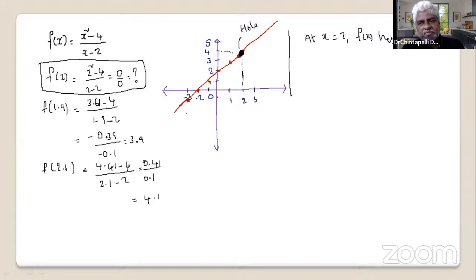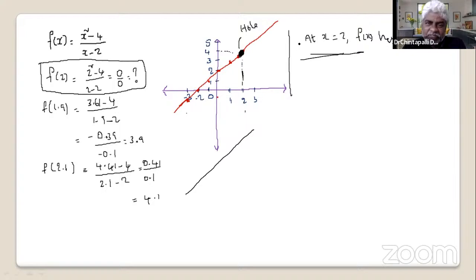Then mathematicians' interest grew, especially Newton and Leibniz, who were given credit for developing this concept.